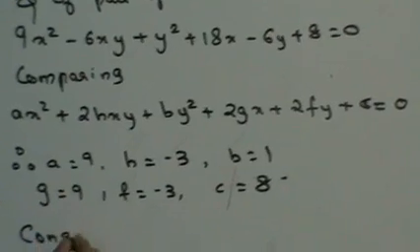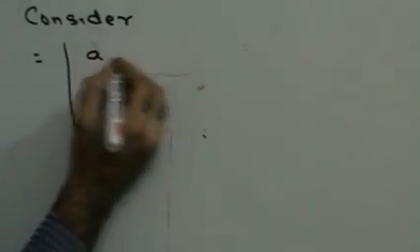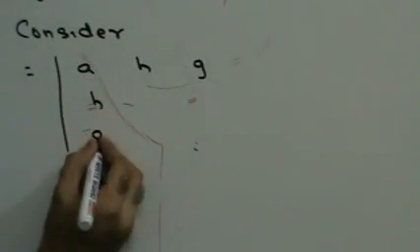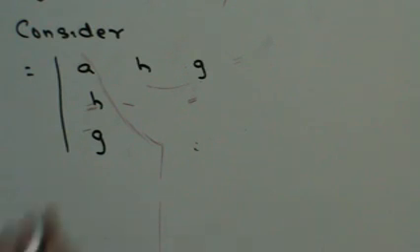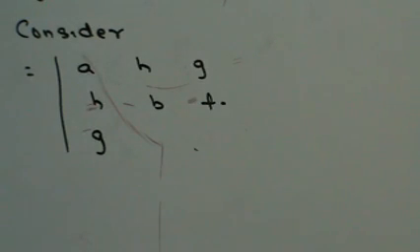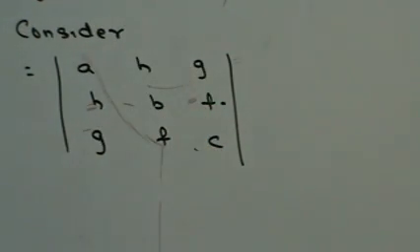Now consider. Let's find out the determinant of a, h, g; write the same thing horizontally, write the same thing vertically; h, b, f; g, f, c.